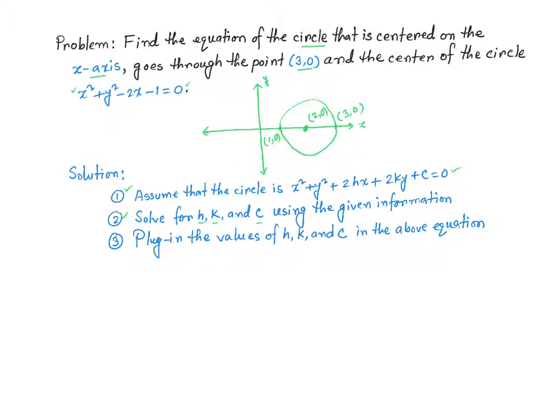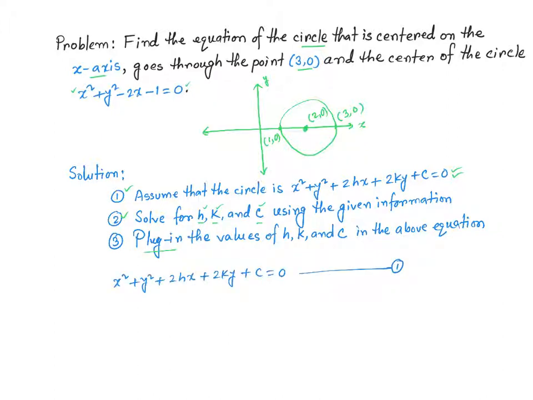We are given a few pieces of information in the problem. We are going to use those to find the values of constants h, k, and c. Once I find those values, we are going to plug those values into this assumed equation. That will give us the desired equation.